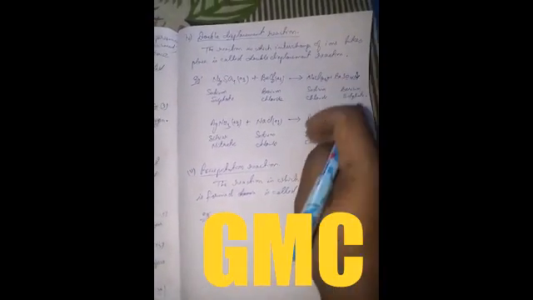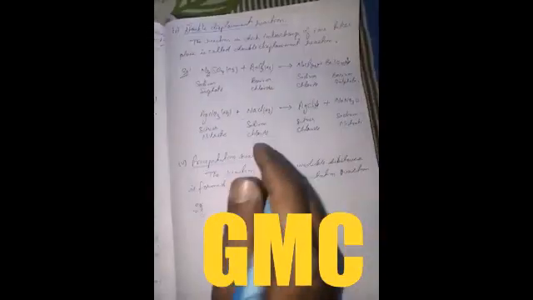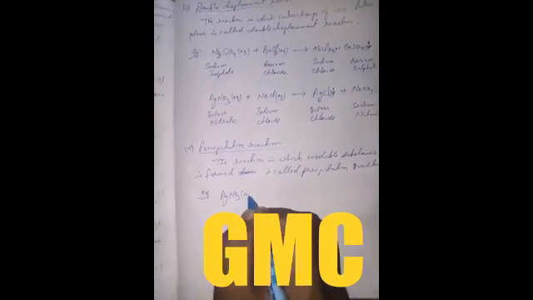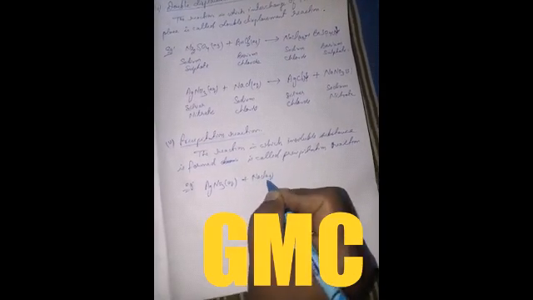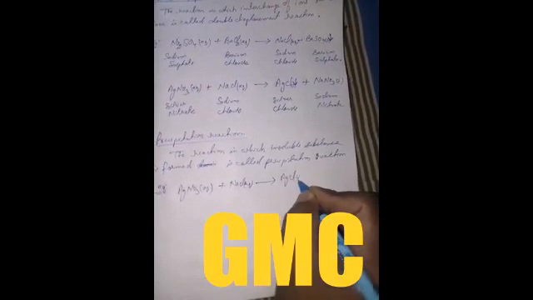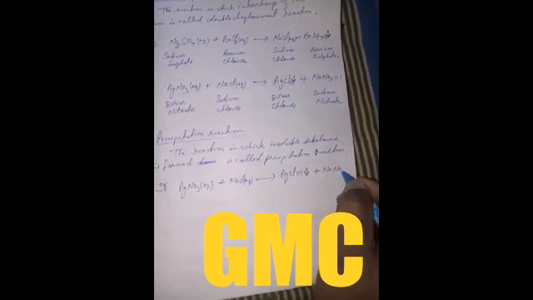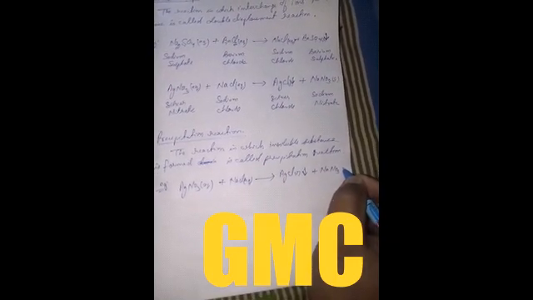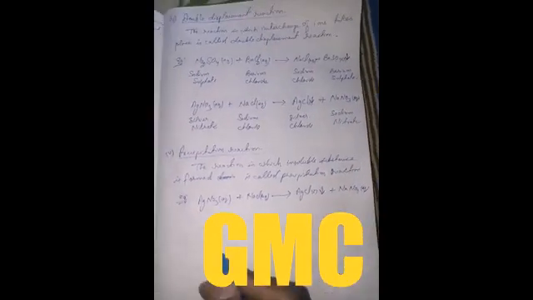Example, these are two examples. We can also write here any of these. Let me again repeat the same. Silver nitrate aqueous solution plus sodium chloride, also in aqueous solution, react to form silver chloride, a solid precipitate, plus sodium nitrate, in aqueous state.